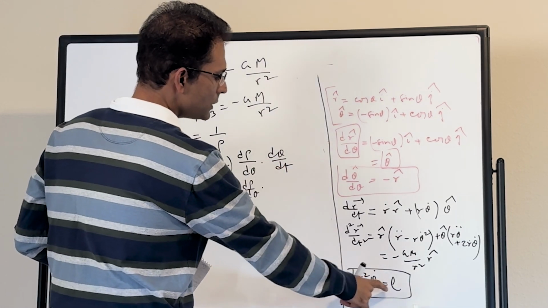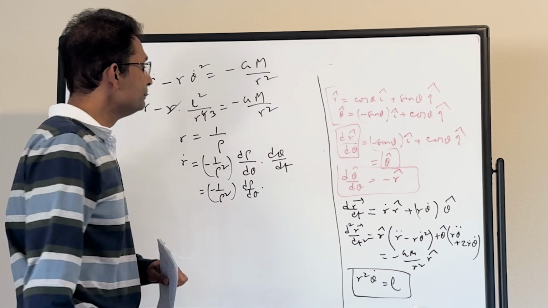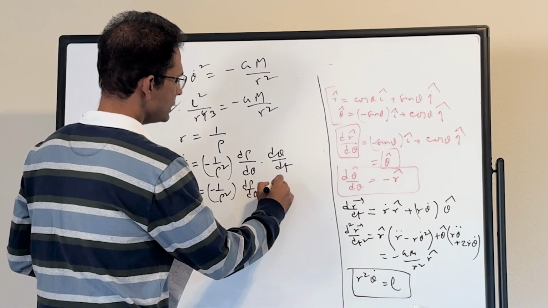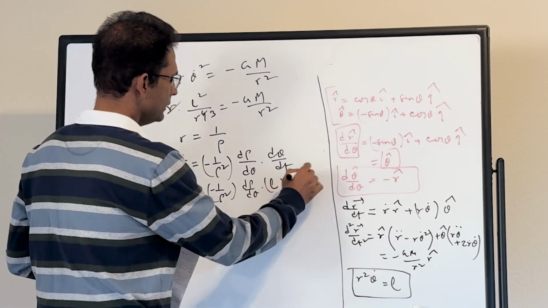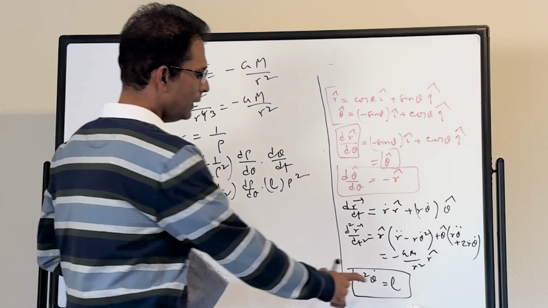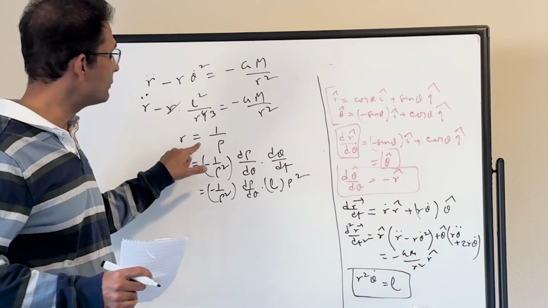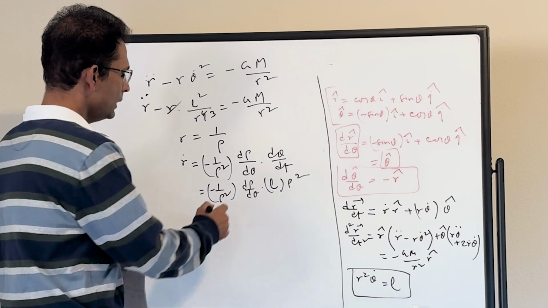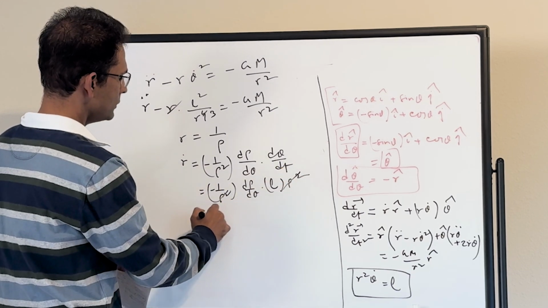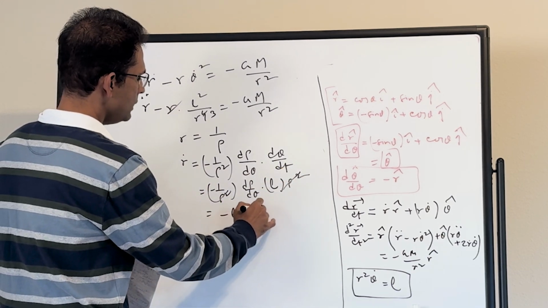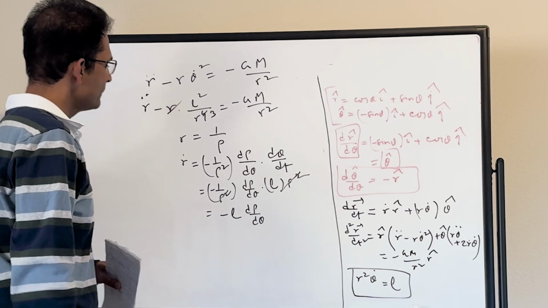But theta dot is L over r squared, which means L times rho squared, because rho is 1 over r. So rho squared cancels out, and you have minus L d rho/d theta.